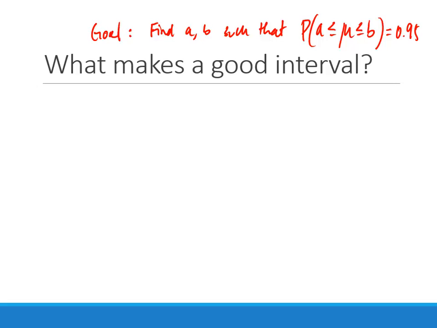And so what I found on that previous page is that this probability of 0.95 is equal to the probability that the standardized value of my sample mean is between plus and minus 1.96, so negative 1.96 and positive 1.96, of x bar minus mu over sigma over the square root of n.